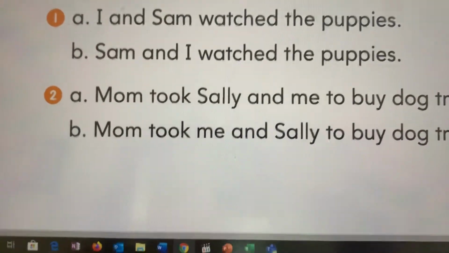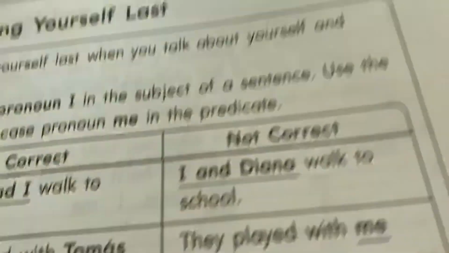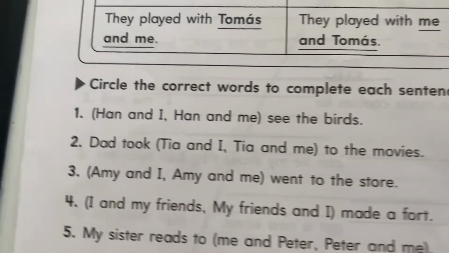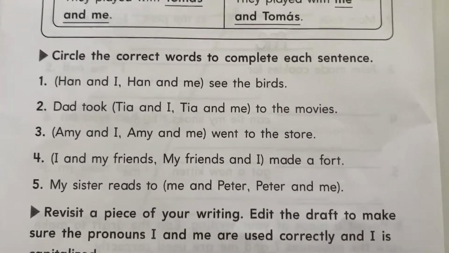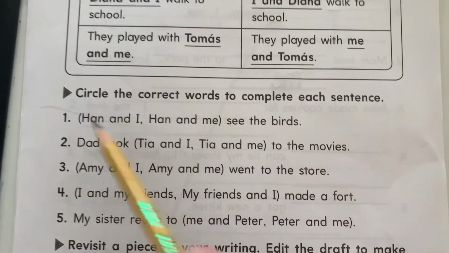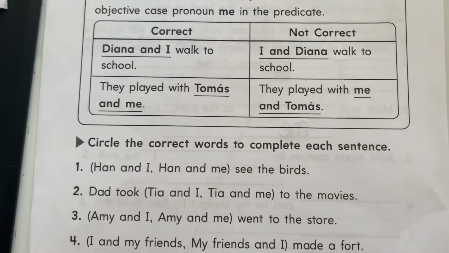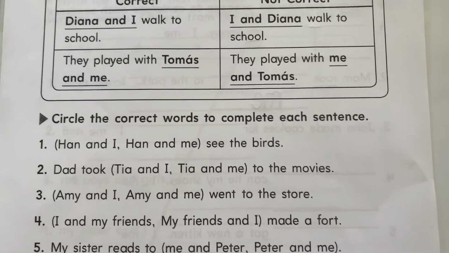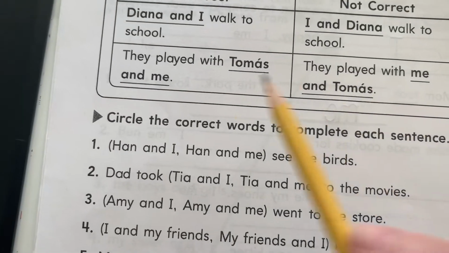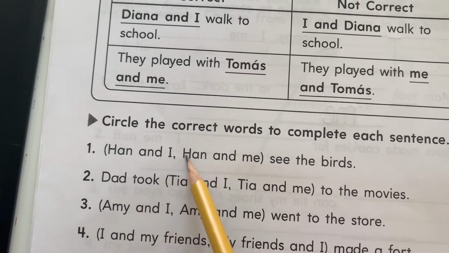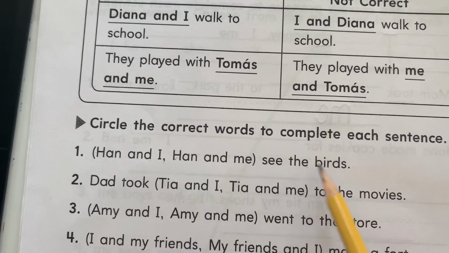All right, let's go ahead and go back to our paper and we're going to do number 1 and 2 together, okay? So here's the first set, the directions that we're going to do. Circle the correct word to complete each sentence. All right, let's read. Han and I see the birds.